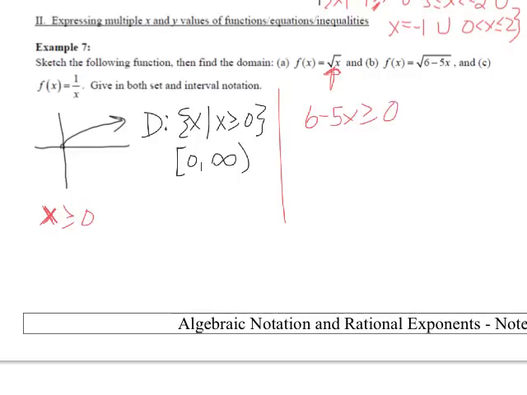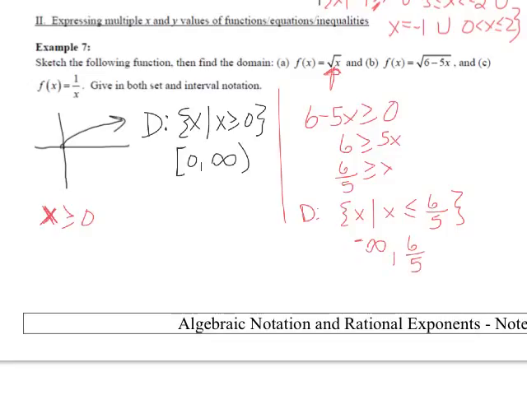And solving that inequality out, I get 6 is greater than or equal to 5x. 6 over 5 is greater than or equal to x. So in this case, our domain is going to be all x such that x is less than or equal to 6/5. Expressing that in interval notation, we would have from negative infinity to 6/5, and we include the 6/5, but not the infinity.